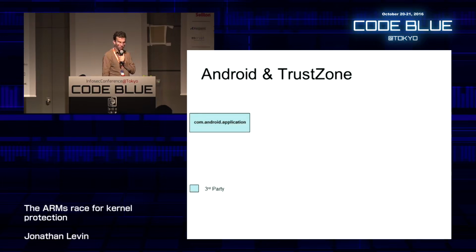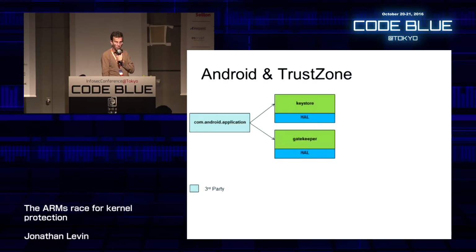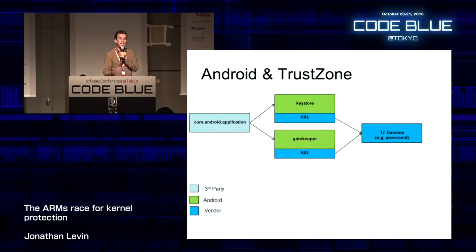You've got the user mode application, which is third party. That goes on to the key store service or the gatekeeper service, these are effectively two daemons that are part of the AOSP, which is why here they're in green. These are abstracted by the HAL, which is a hardware abstraction layer, which Android does not supply for you. Google basically puts an open standard as a set of interfaces, H files, and it is up to the vendor to implement the entry points in the HAL and the interface points that eventually will be able to communicate with a dedicated daemon.